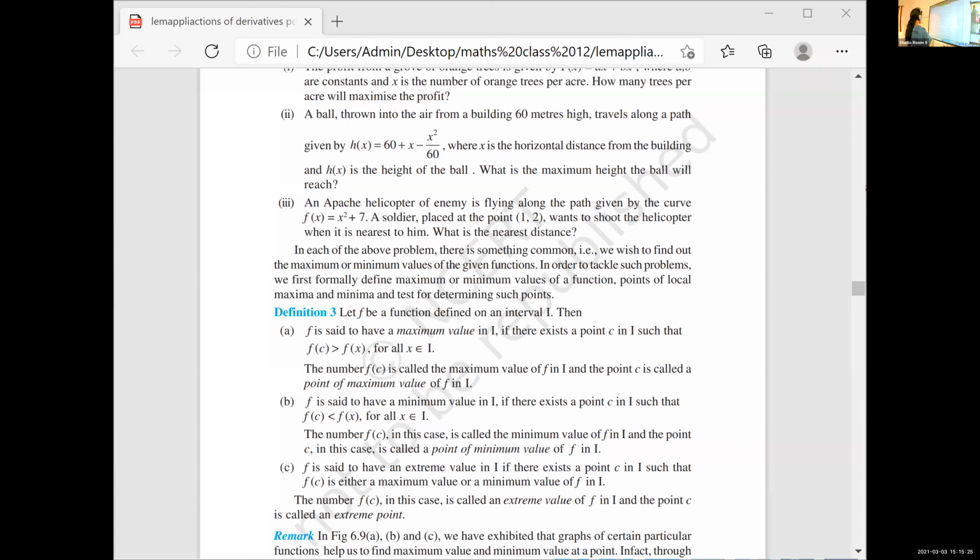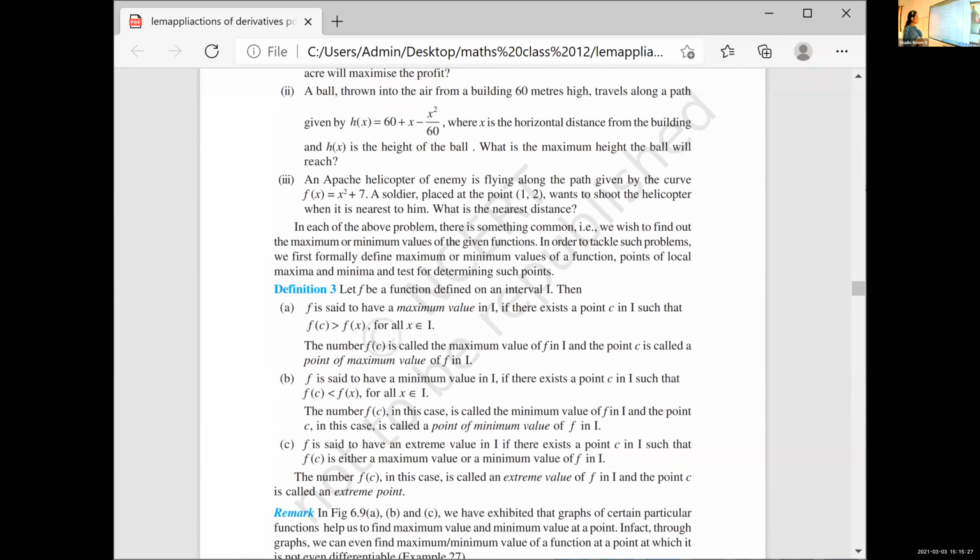Now look at the definition given here. Let f be a function defined on the interval I. F is said to have a maximum value in I if there exists a point C in I such that f of C is greater than f of x.